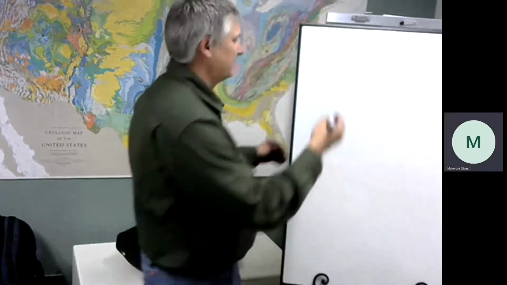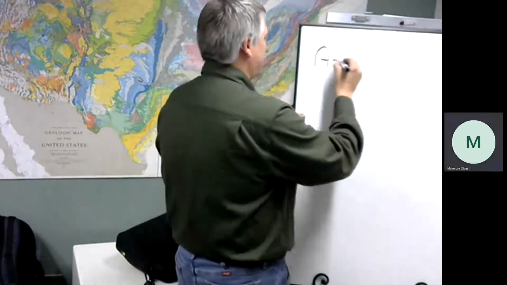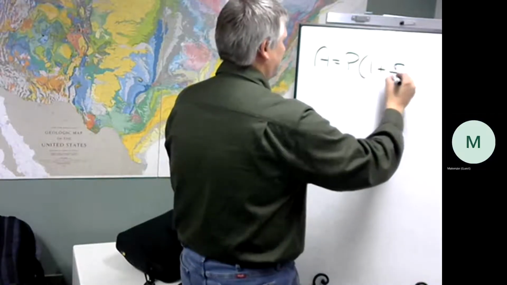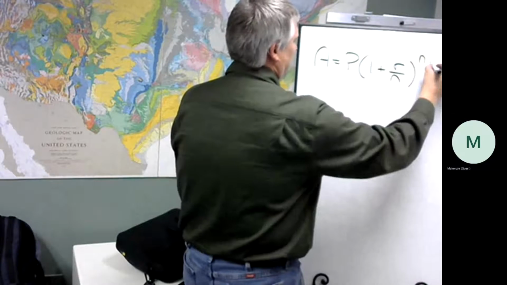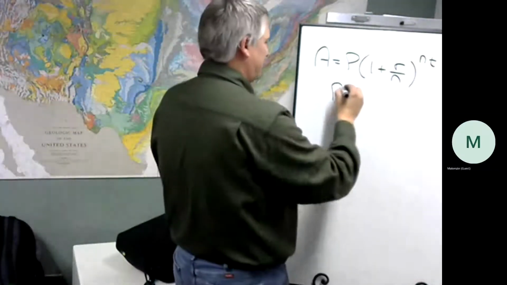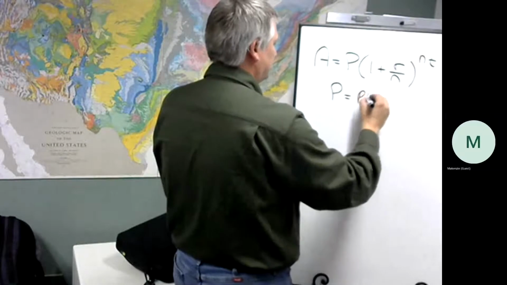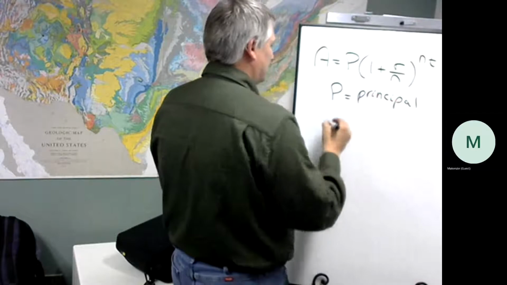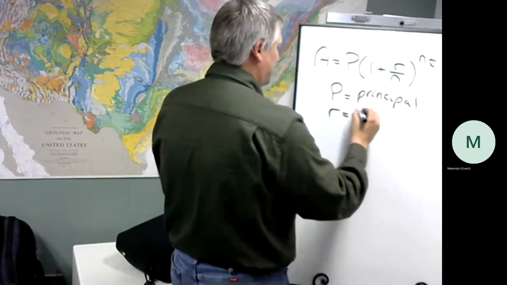So I'm going to move to section 11.2, and this is compound interest. And for compound interest, we have that formula. And then our P is going to be the same thing. P is going to be the principal. R is the interest rate.